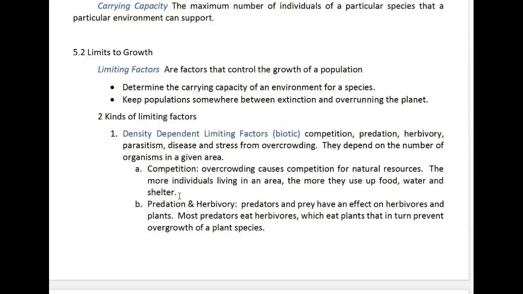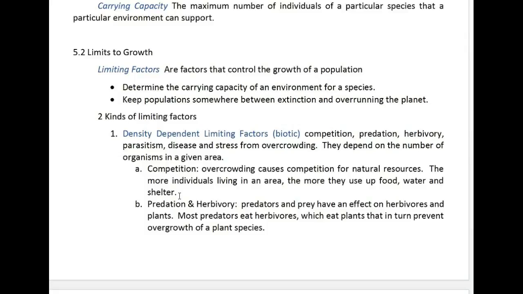When you had more deer and less resources, you had competition. Who could get to those resources first? And I even saw some people cheating where they changed what they wanted midstream because they didn't want to die. So it's competition for those natural resources.